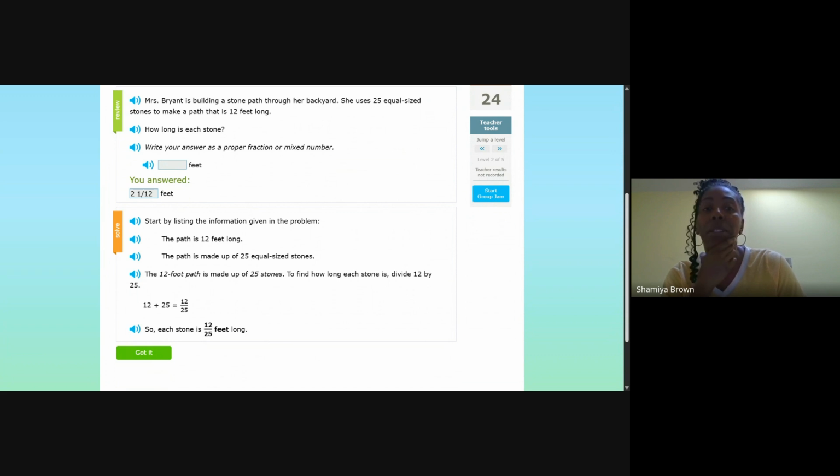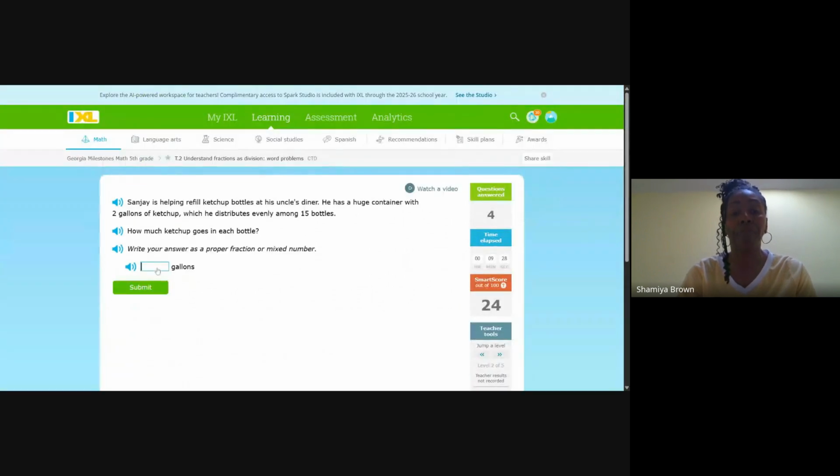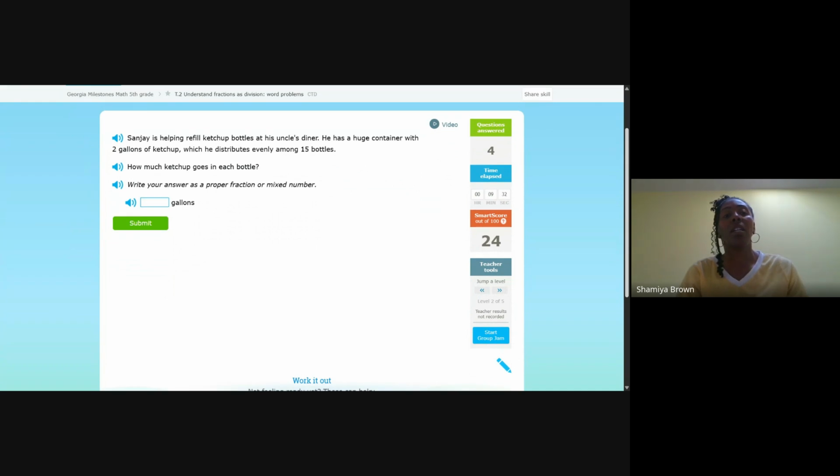Can't divide the pieces anymore because they're already divided. The way I got the 25 equal pieces was by splitting the 12 feet. She uses 25 equal size stones to make a path that is 12 feet long. Okay. So this one is a little tricky. You have to really think.